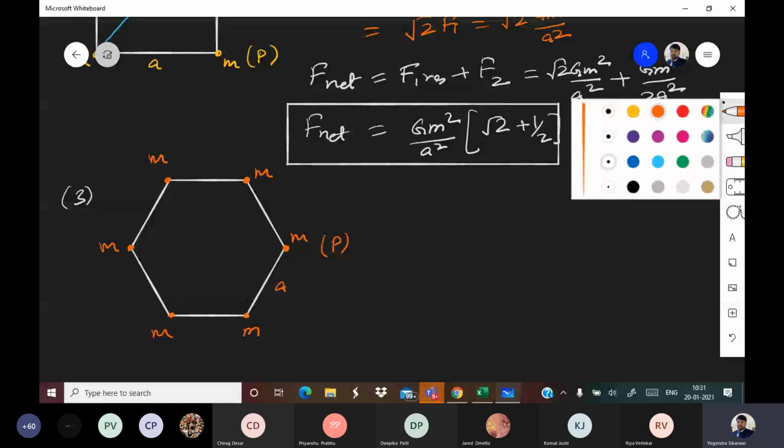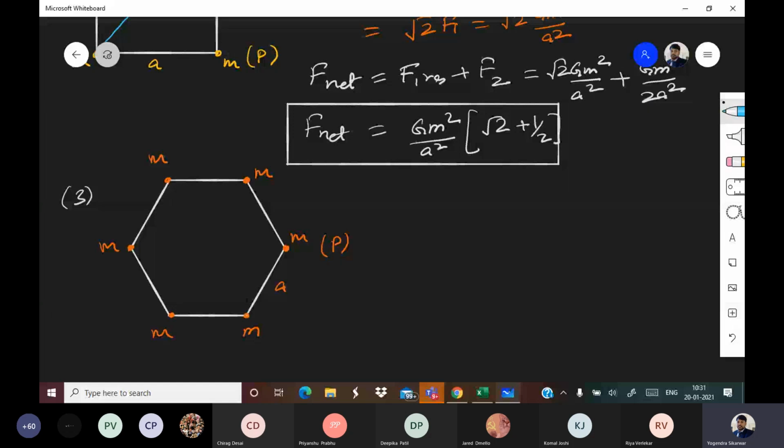Pay attention, everyone. The force on M due to the adjoining one, I am calling it F1. Magnitude of that will be F1 and F1, and that will be same.